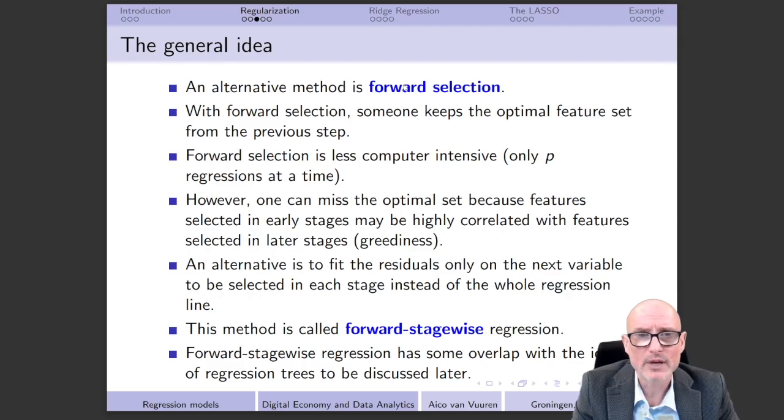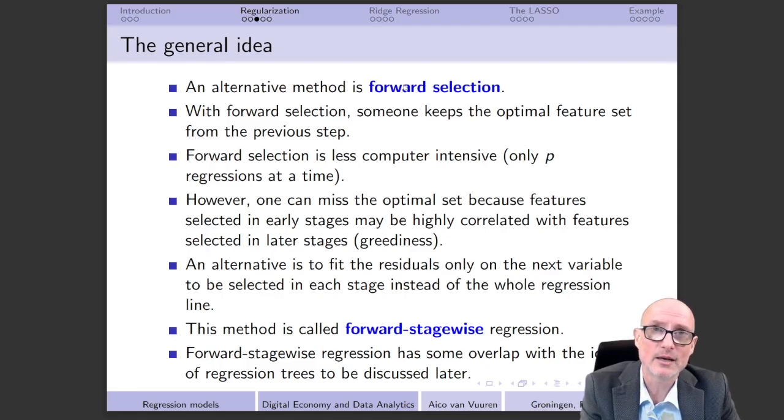Well, instead of that, what we could do is, at the moment that we already have alpha equal to 1, for example, and we know the optimal feature that we're going to include, then instead of running, in the case of alpha equal to 2, a multivariate regression, we could take the residuals from the first regression, say yi minus xi times beta, with this first feature taken into account.